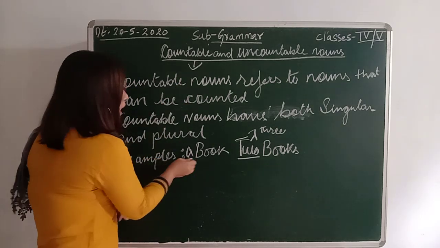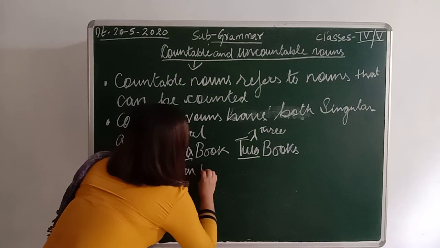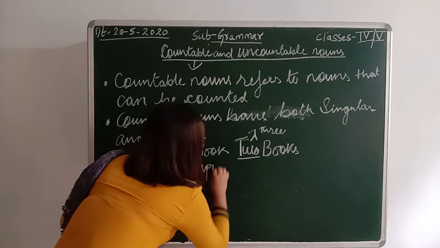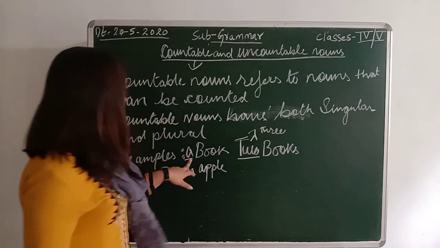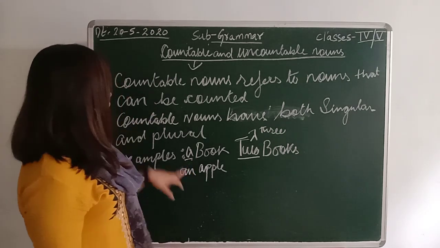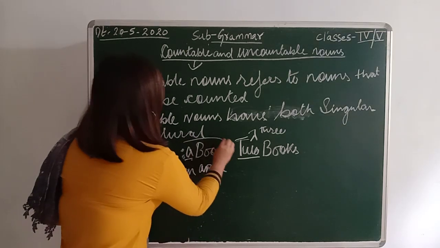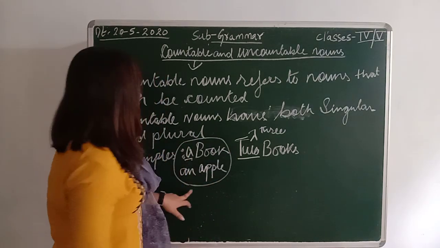And an apple. So we have to use the article 'an' in front of a singular noun, so we can count this.